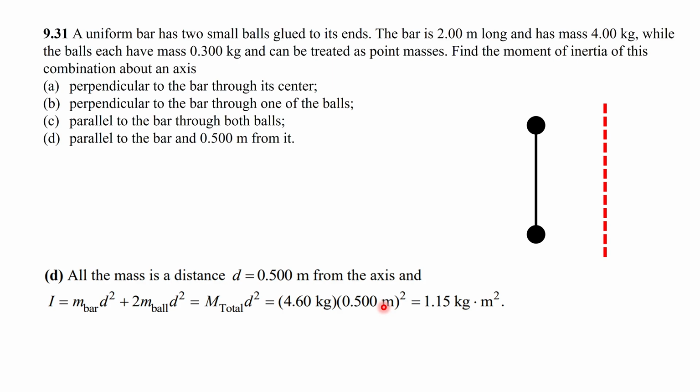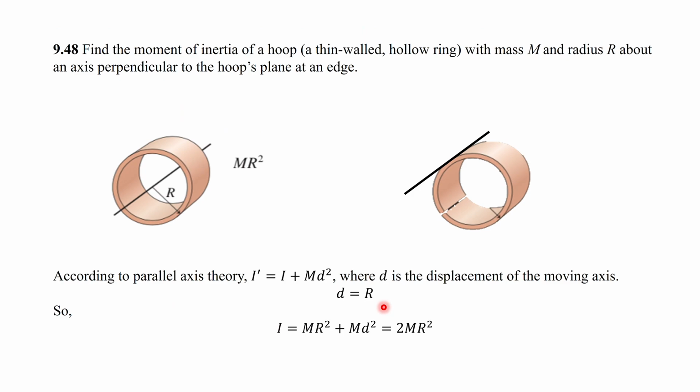Okay, next question, we are going to solve problem 9.48. This question helps us understand the parallel axis theorem. That means we have an object and we know the inertia of the object, but if we move the axis somewhere else in a parallel motion, the inertia will change.